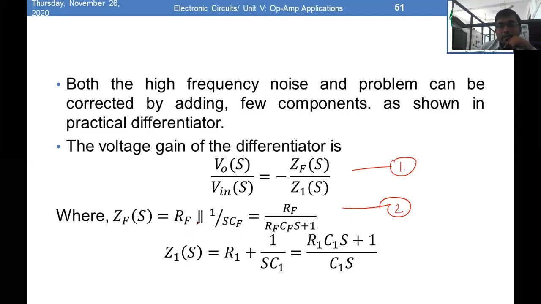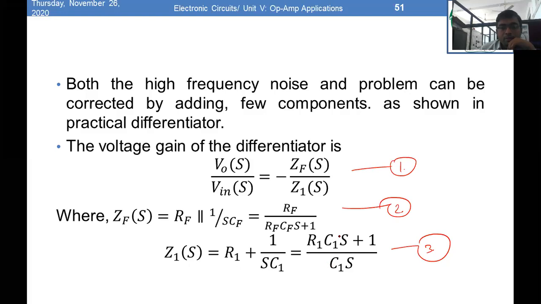You can write it as RF parallel 1 upon S CF, that is RF upon 1 plus RF CF S. S is j omega. Similarly, on the input side, the series combination is R1 plus 1 upon S C1, so it becomes 1 plus R1 C1 S upon C1 S. Okay. So note down these equations.